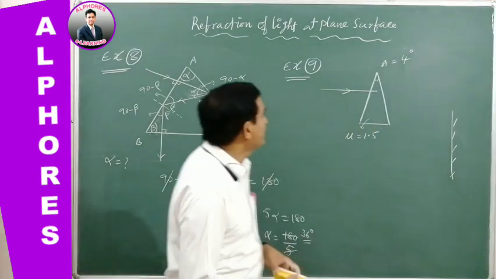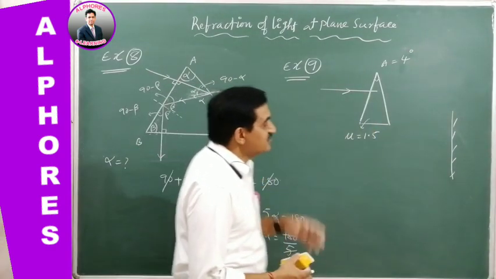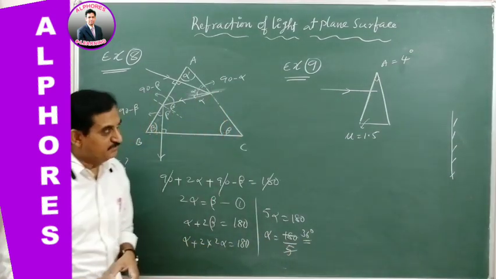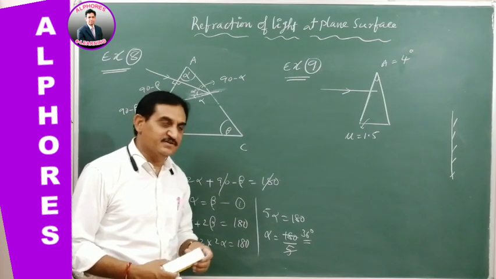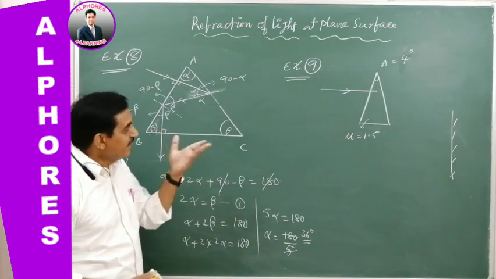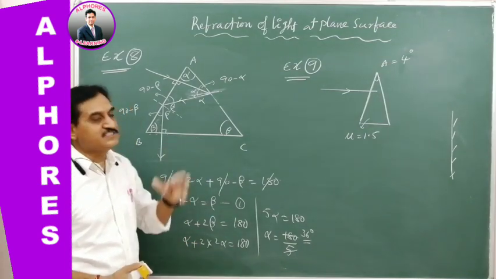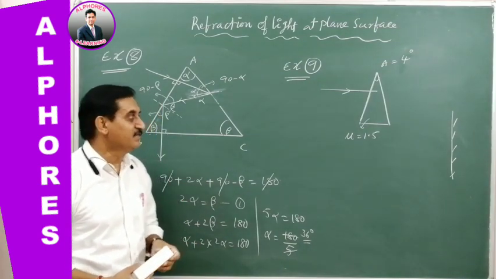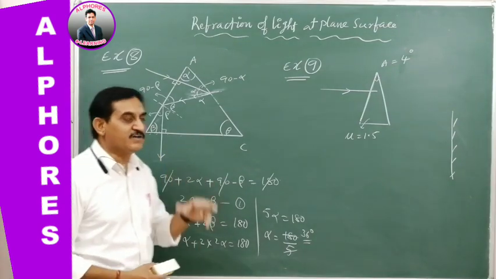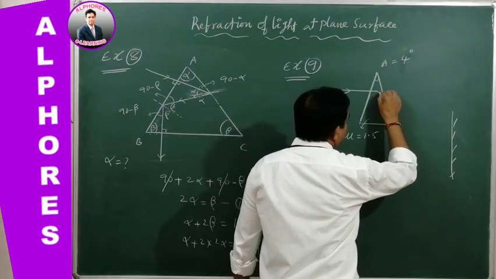Then go for another problem, example number 9. In this case, there is a small angled prism. Its apex angle is given as 4 degree and refractive index 1.5. A ray of light, traveling horizontally, is incident on this small angled prism and undergoes refraction.